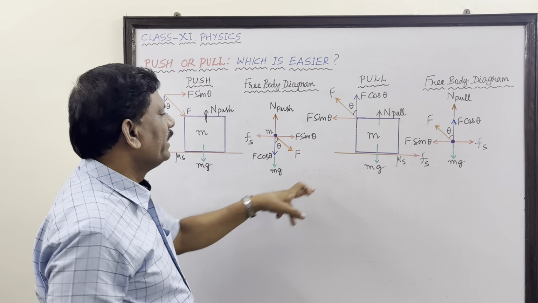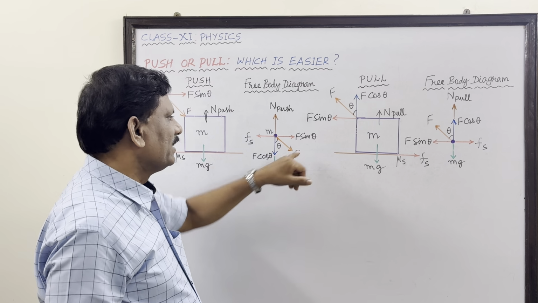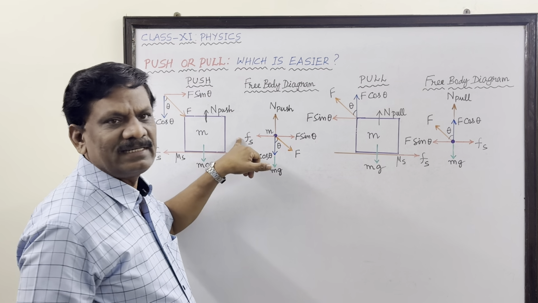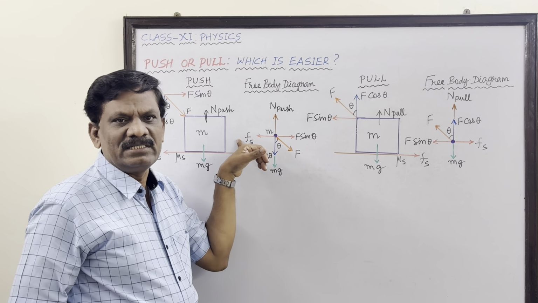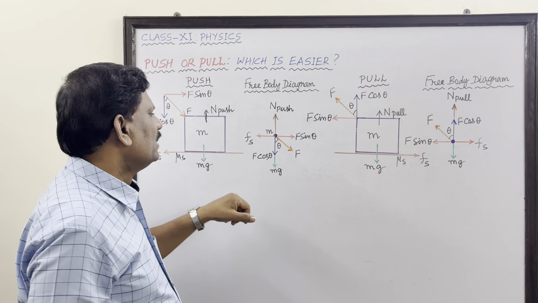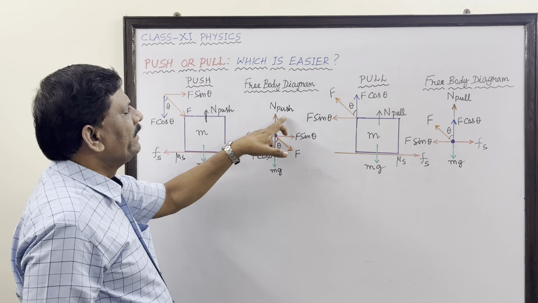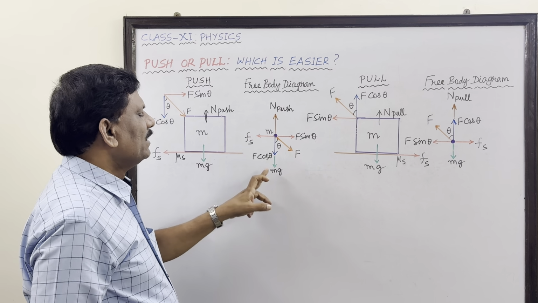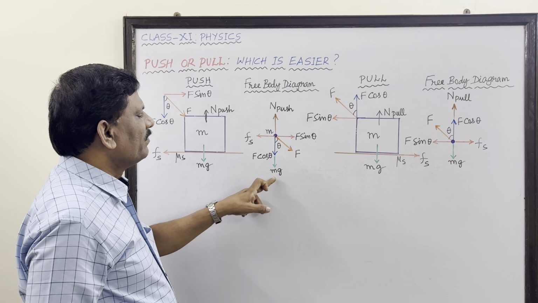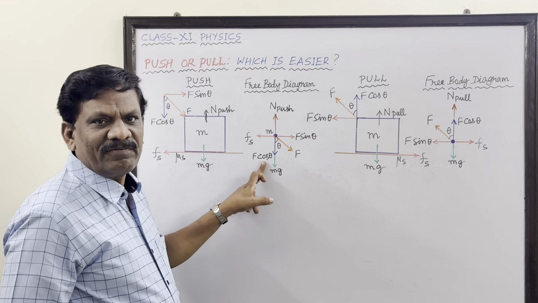In this free body diagram, you can clearly understand that F sin theta and Fs are equal and opposite, so they cancel each other. Now N push acting upwards must be equal to the sum of the components, mg plus F cos theta.